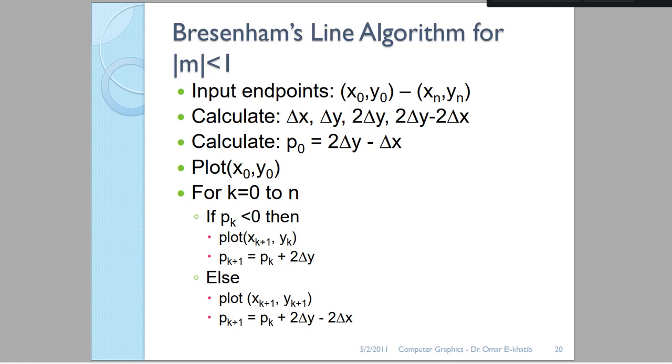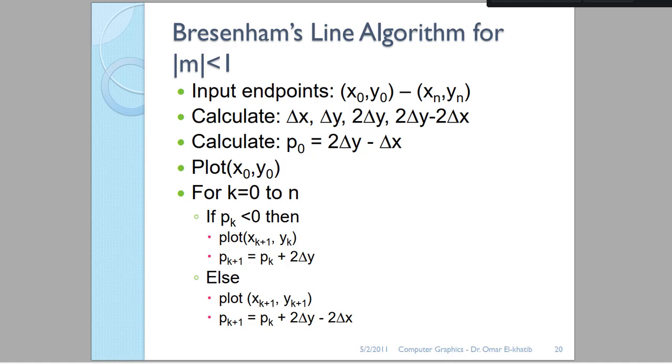So (xn, yn) is the last point, and (x0, y0) is the first point from which we start. From these you will calculate delta x, the change in x, which is xn minus x0. Delta y is yn minus y0. We will multiply delta y by 2, and then we need 2 delta y minus 2 delta x.